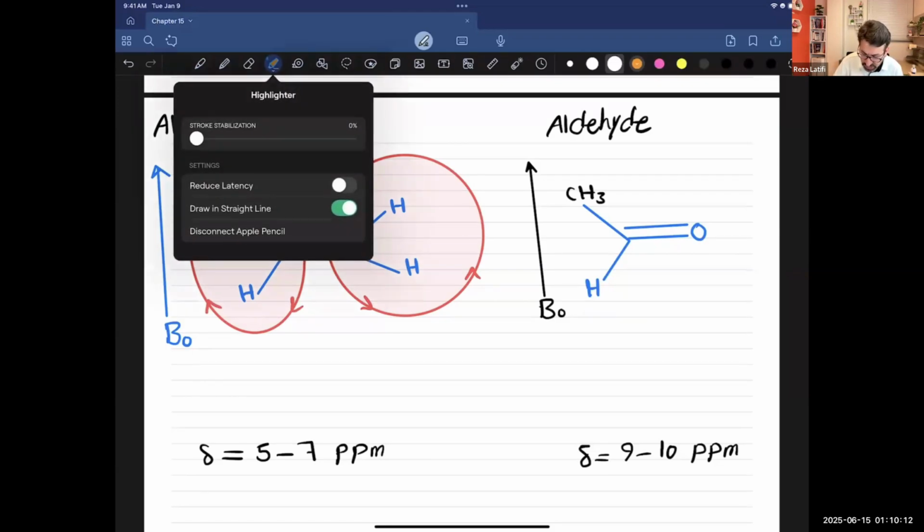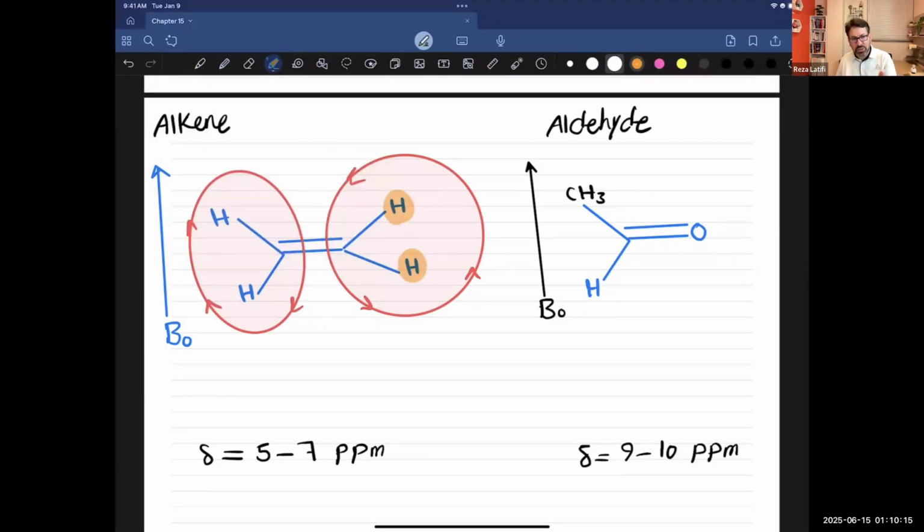If you pick any of these hydrogen atoms, as you see, they are going to sense the external magnetic field plus the field that the pi bonds apply. The magnetic field is going up, aligned with the external field. I'm going to call this one B pi, and B pi will be added to B0. So we're going to get a higher chemical shift.